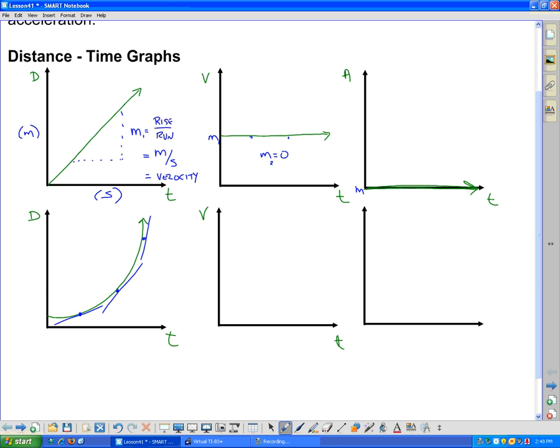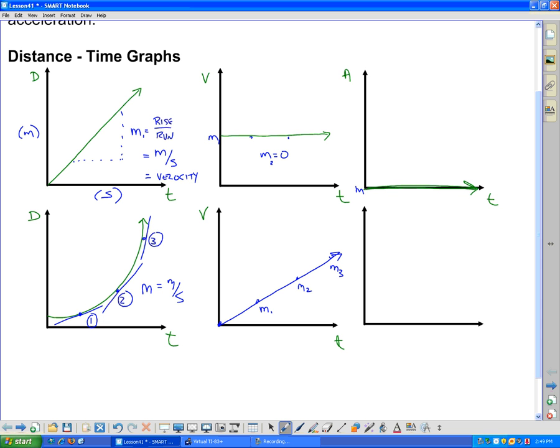Because remember, finding the slope from here is meters per second. So we would plot, starting at a velocity of 0, plot, plot, plot, and we'd find that our velocity was increasing at a steady rate. So we'd find slope 1, slope 2, slope 3, and those values would be sketched in as such.